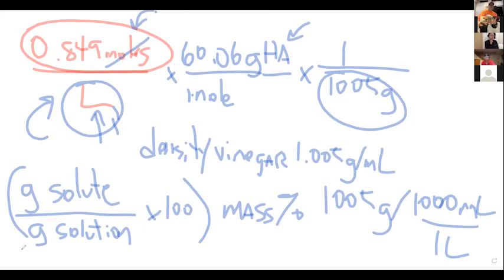Now I get rid of moles, and what I have left is grams of acetic acid on top and grams of solution on the bottom. That is my mass percent.